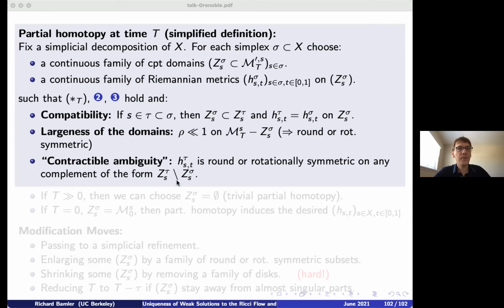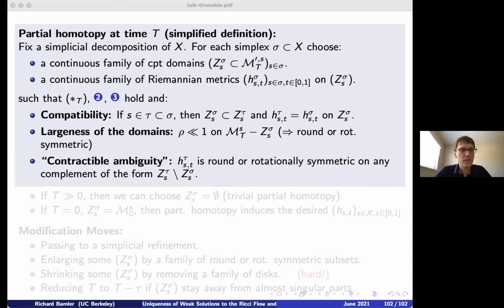So whenever I've defined H over a smaller simplex and then over a larger domain, the part that's missing over the other simplex should just be round or rotationally symmetric. If there's some ambiguity later, I'm only going to be dealing with round or rotationally symmetric metrics, and the space of such metrics is contractible. So I can always make some changes there, and it's not going to cause so many problems.